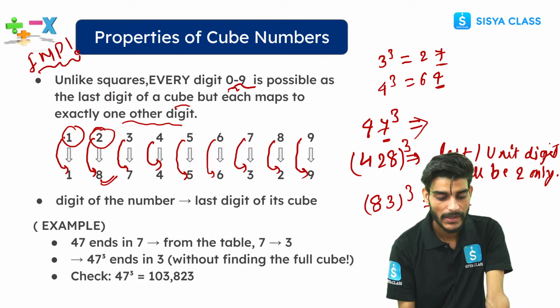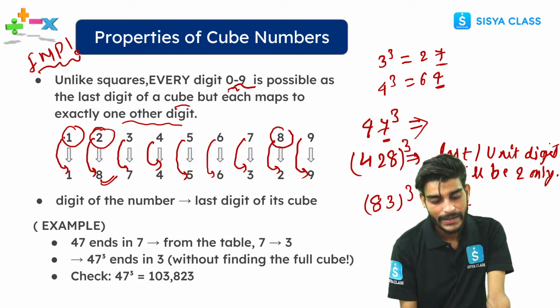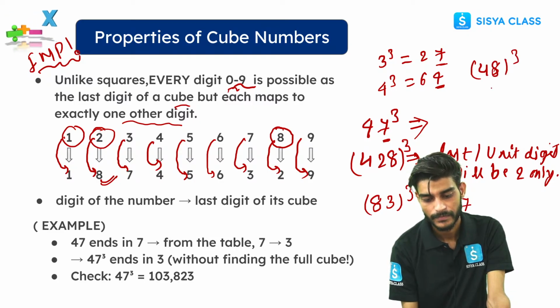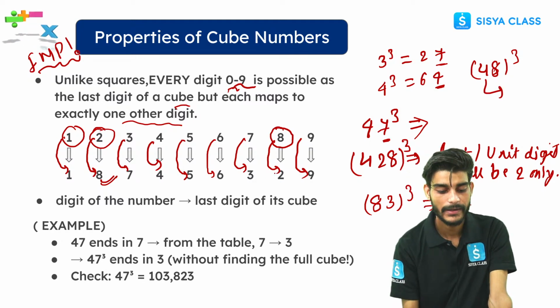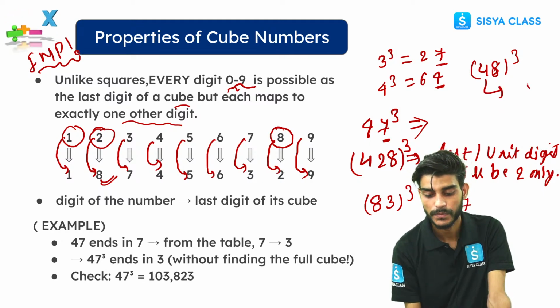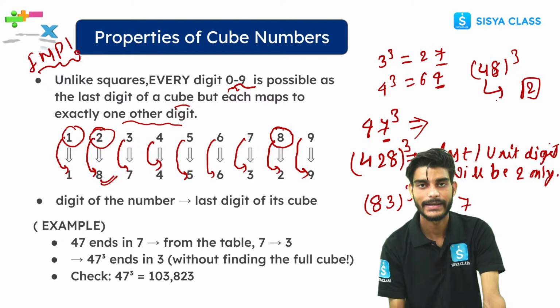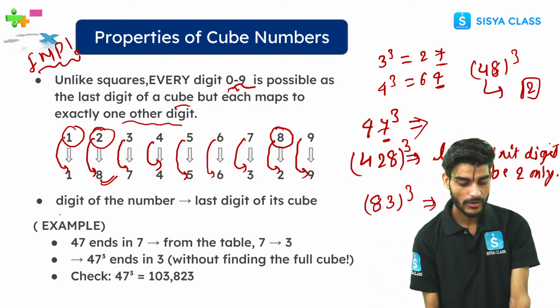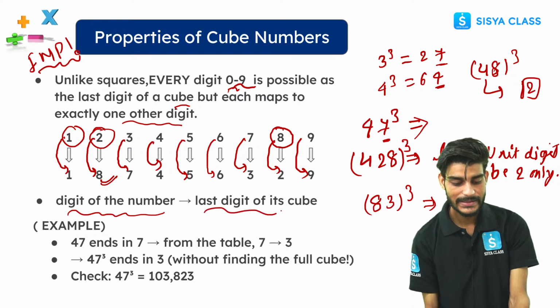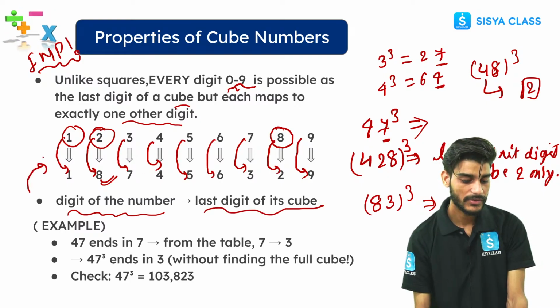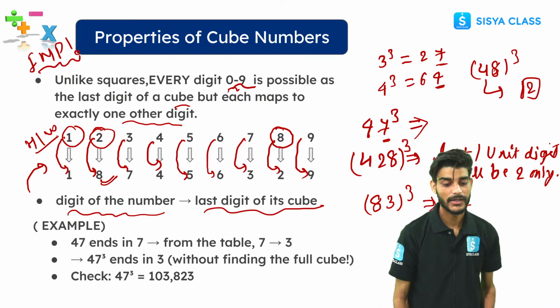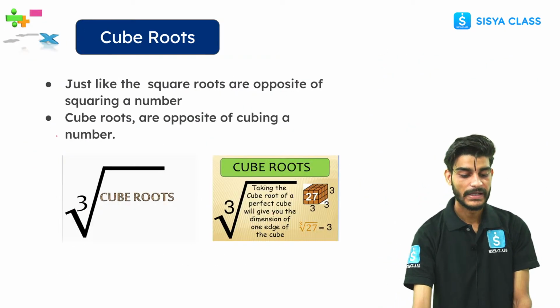In the same way, a number that ends with 8, as for example 48 cube, its cube will end with 2. It tells about the end digit, or units digit you can say. So this is the digit of the number, and this is the last digit of its cube. This chart you need to remember. I told you the trick of how you can remember it. So I hope this is clear to you, this property of cube numbers, right?